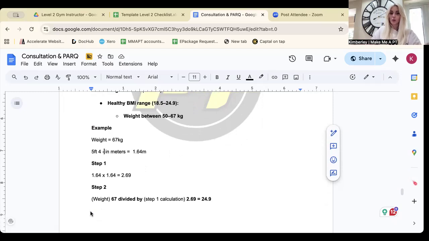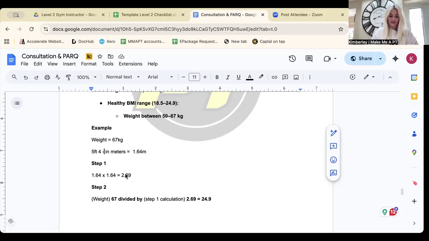And then what we have to do is figure out their weight. They've already told us what their weight is. So the weight is 67 kg. Then we're going to divide by this number here. So step one is the weight, which is 67. We're going to divide it by the height times height, which is 2.69. So let's do it.